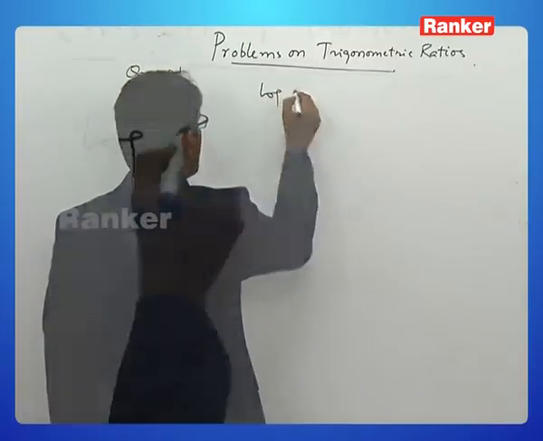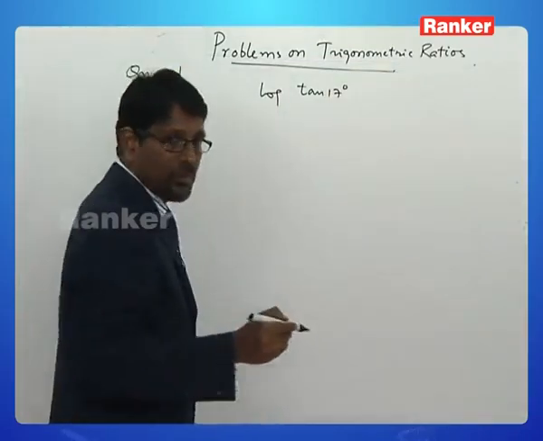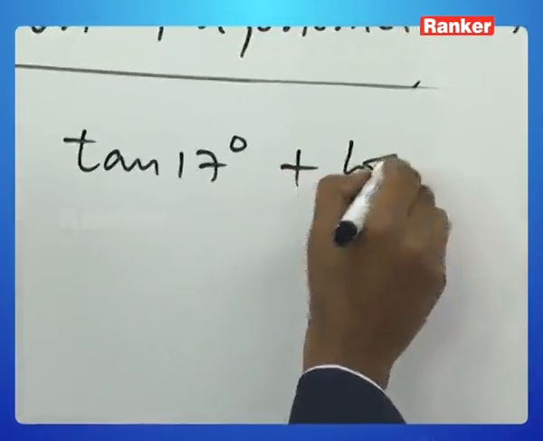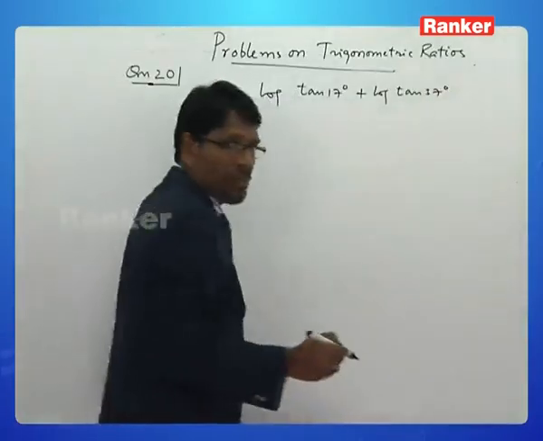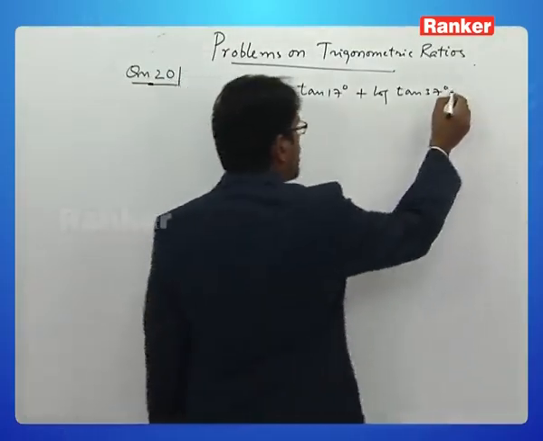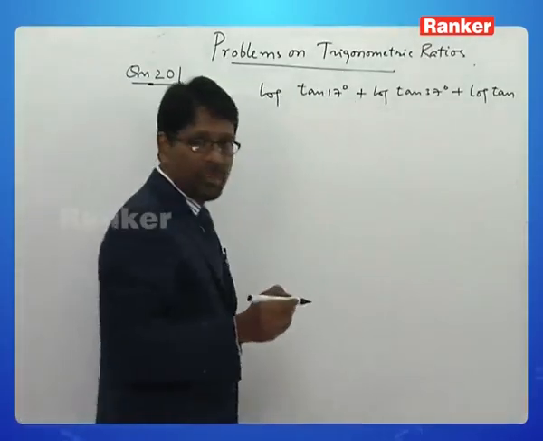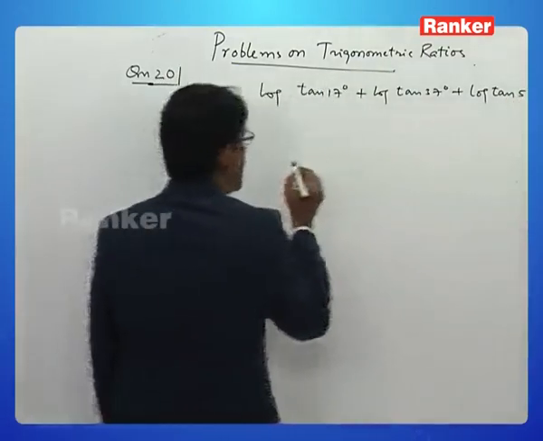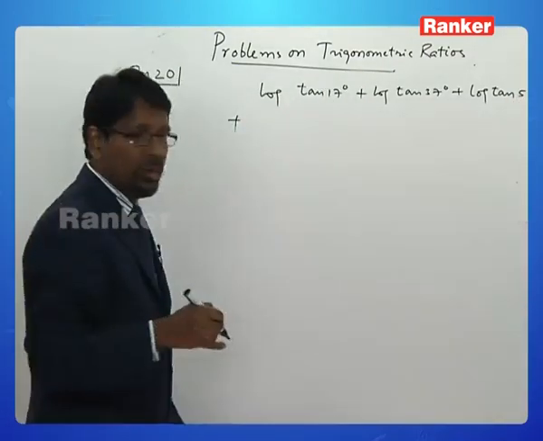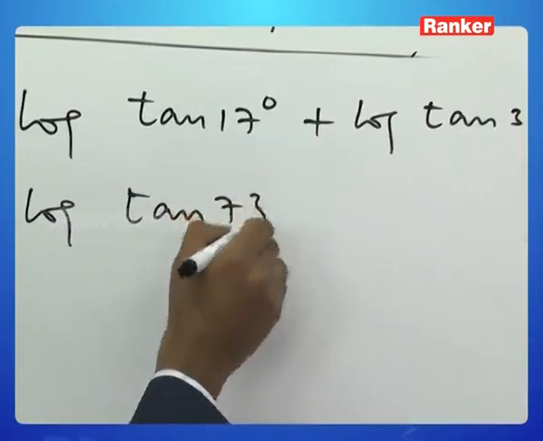Log tan 17 plus log tan 37 plus log tan 53 plus log tan 73. This is what we require.